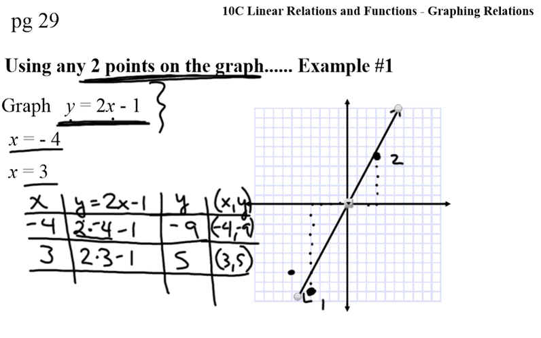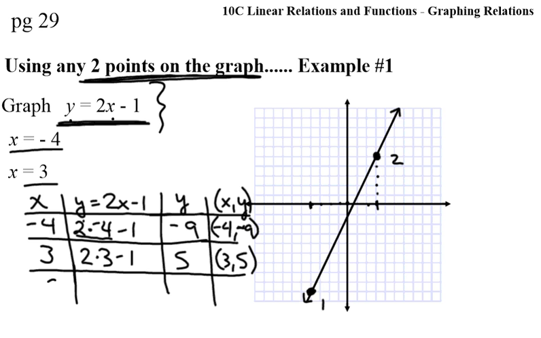If I were to move it over to here, it's a different line. So my suggestion is I always like to use 3 points minimum just to double check. So I've used x is -4, I've used x is 3. Let's find something in the middle and see if it lines up how we're hoping.